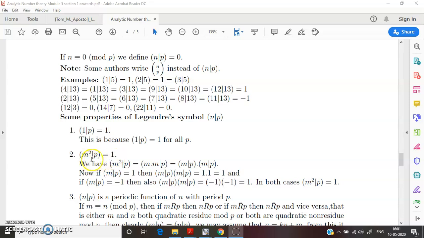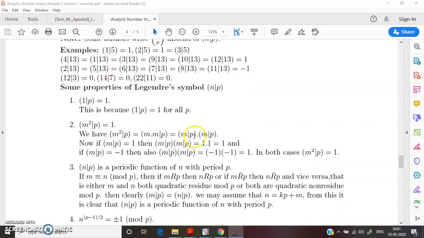The Legendre symbol m square over p is 1. To prove this, we need one concept, the multiplicative property, which we will prove later. Anyhow, m square over p can be written as m times m over p, which is m over p times m over p.